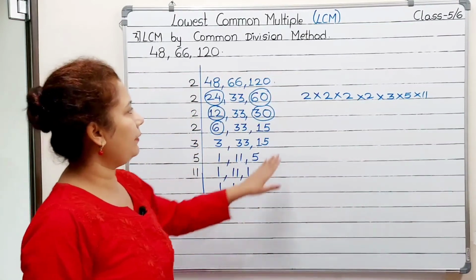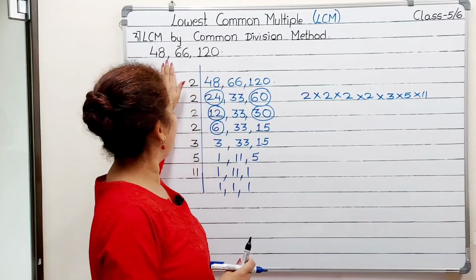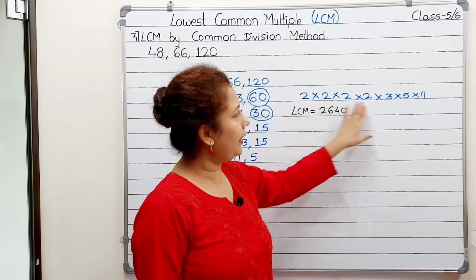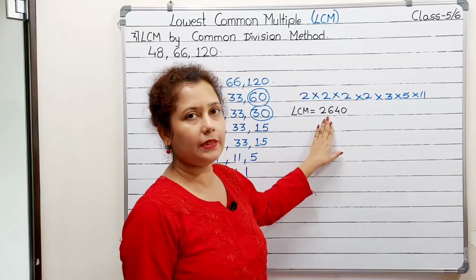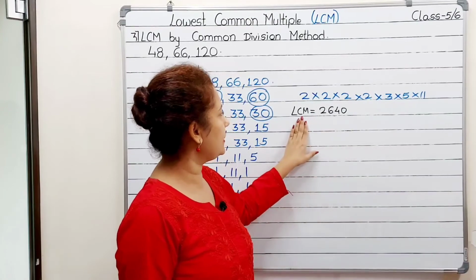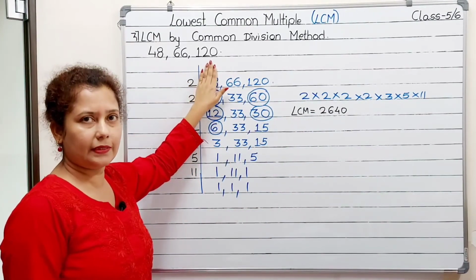When we multiply all these numbers, the product which we get will be the LCM of these numbers. We get 2640 as the product and 2640 is the LCM of 48, 66 and 120.